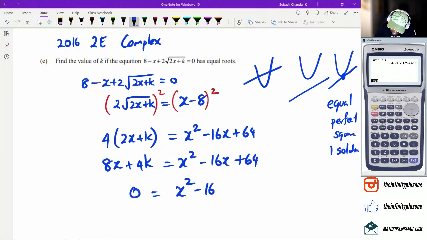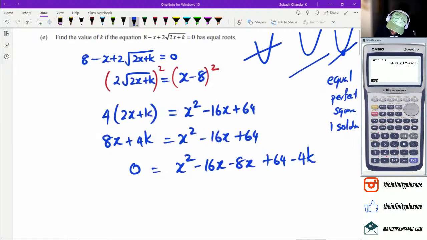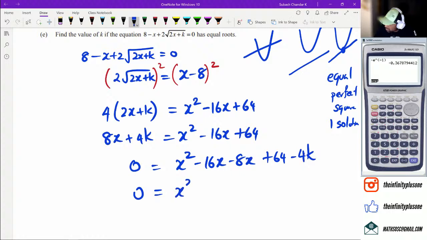Rearrange. x squared minus 16x minus 8x plus 64 minus 8x, minus 4k. So we have 0 equals x squared minus 24x plus 64 minus 4k.